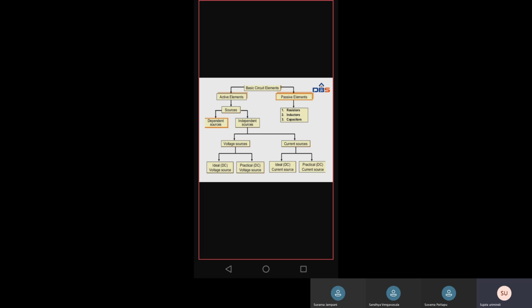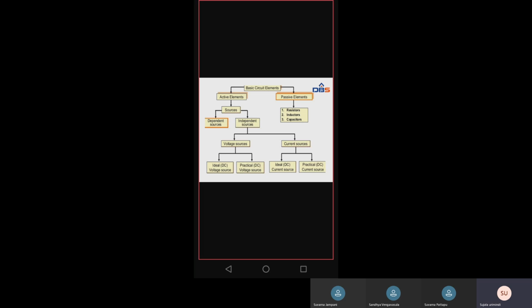When we take the practical current source, there is no chance to neglect that resistance, so we consider the practical internal resistance to be added. Whenever the internal resistance is added, there is some drop in the current, so there is a slight variation in the practical current. In the ideal case, it is constant.